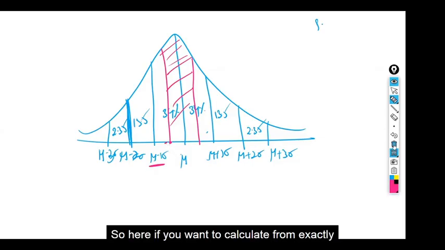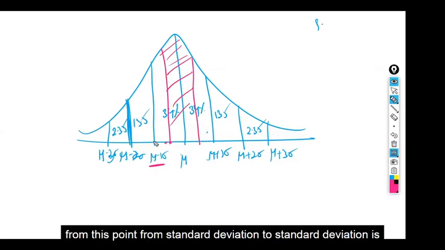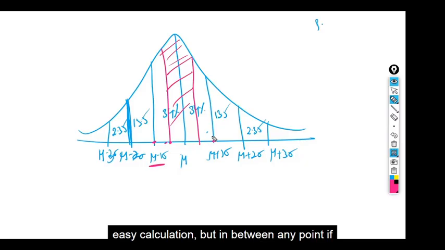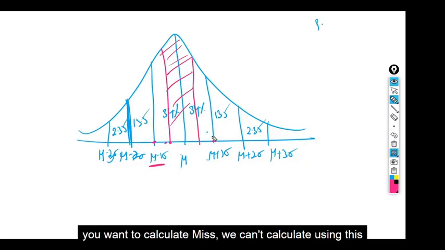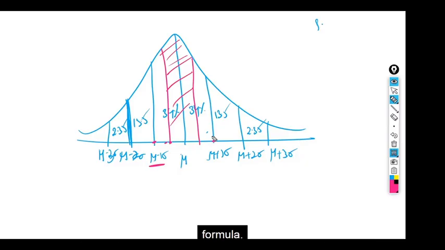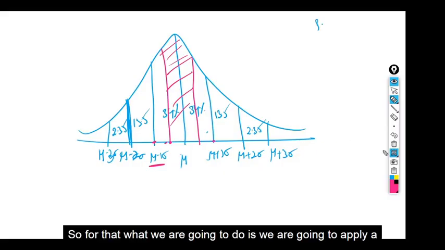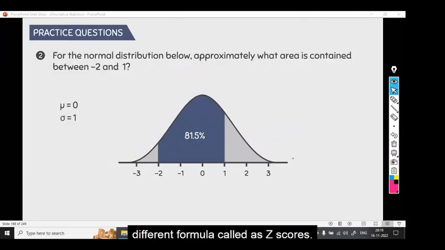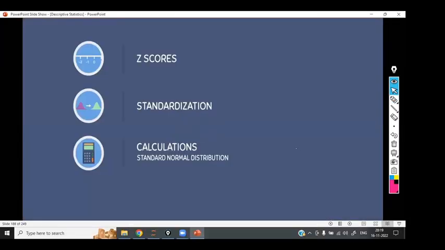So here, if you want to calculate exactly from this point, from standard deviation to standard deviation, miss, easy calculation. But in between any point, if you want to calculate, miss, we can't calculate using this formula. So for that, we are going to apply a different formula called z-scores.